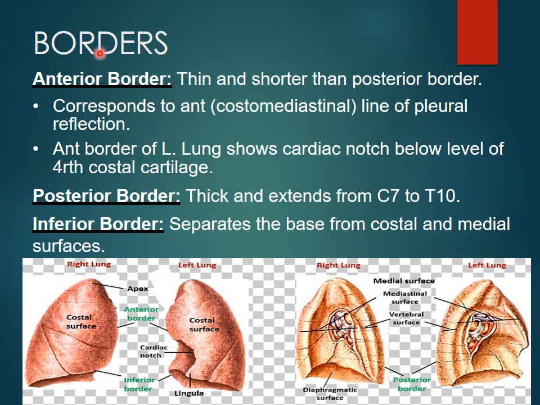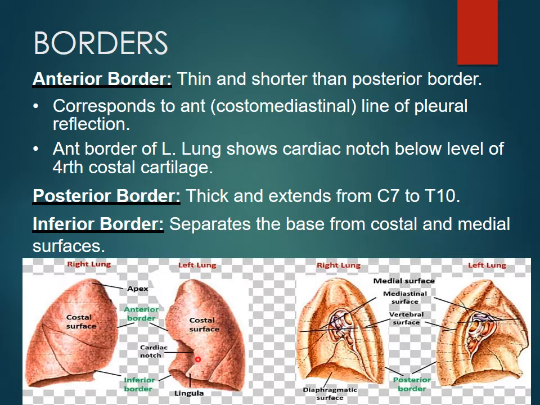Then the borders of the lung. As we have already discussed, there are three borders: anterior, posterior and inferior border. The anterior border is thin and shorter than the posterior border, as we can see in the diagram, and it corresponds to the anterior costomediastinal line of pleural reflection. The anterior border of the left lung shows the cardiac notch below the level of the fourth costal cartilage.